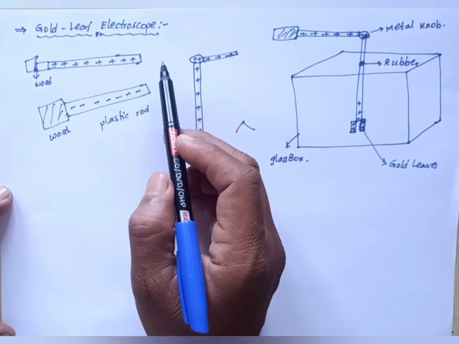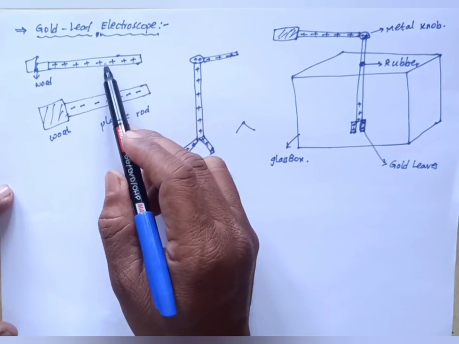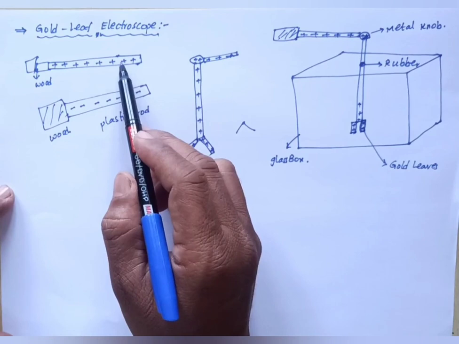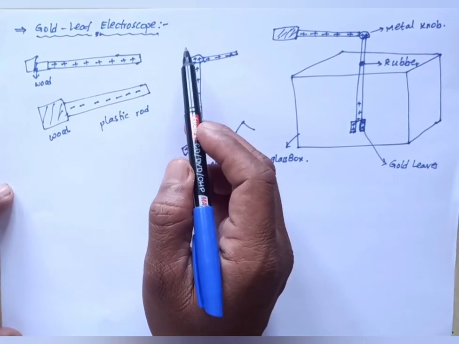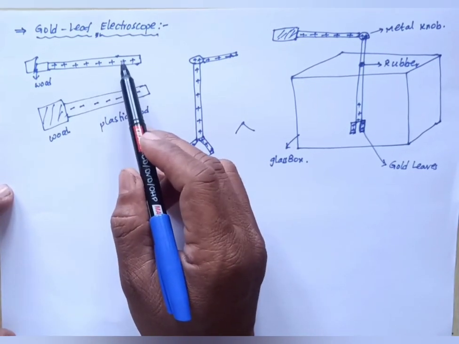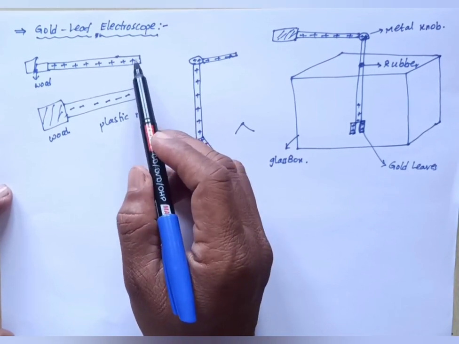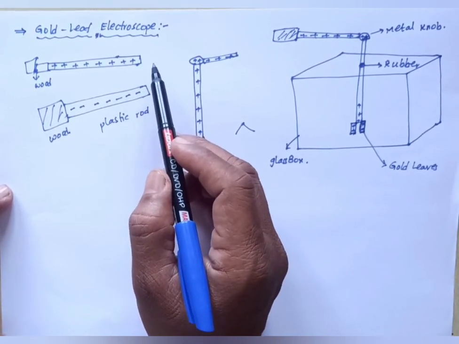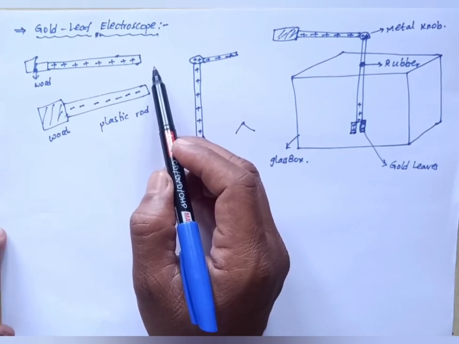The glass rod loses electrons and the silk cloth gains electrons. So no charge is created or destroyed. Electric charge obeys the conservation of charge.